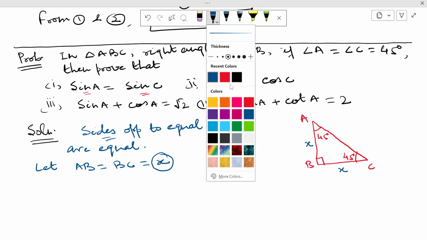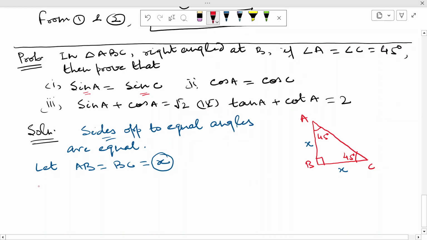Now, if we find sine of angle A, whenever we have to calculate the sine, we have to consider the opposite side. So, that is BC over AC. Similarly, if you consider sine of angle C, the side opposite to angle C is AB. So, this is AB over AC.